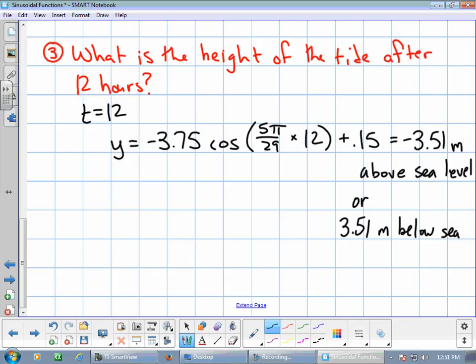Just please do not answer with negative 3.51 meters below sea level, because a negative distance below would actually be above. So either leave the negative in there and measure it in terms of meters above sea level, or allow the negative to change whether we're above or below. Questions there?